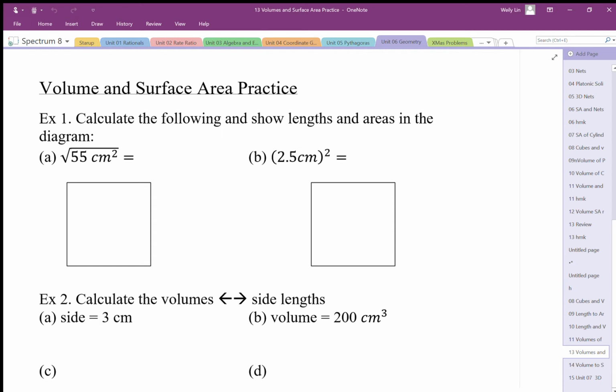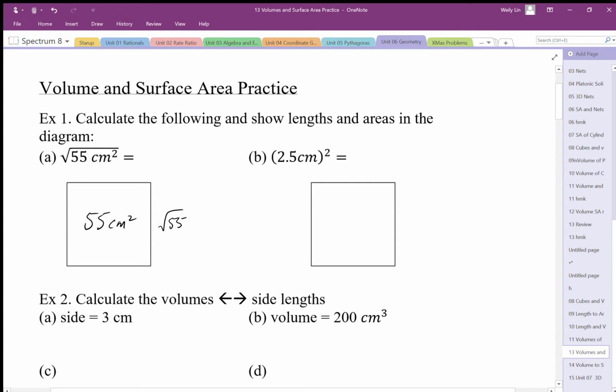Okay, first of all, let's do some practice. Calculate the following. We want to know what the lengths and areas are. When we talk about square root, the inside represents area, and the square root represents side length. So we have 55 squares here, and the side length is square root 55 centimeters.